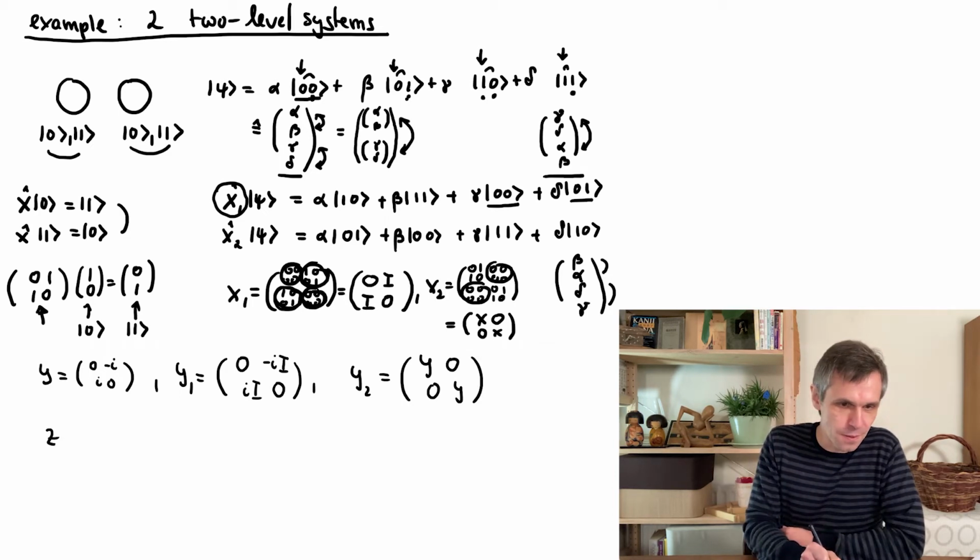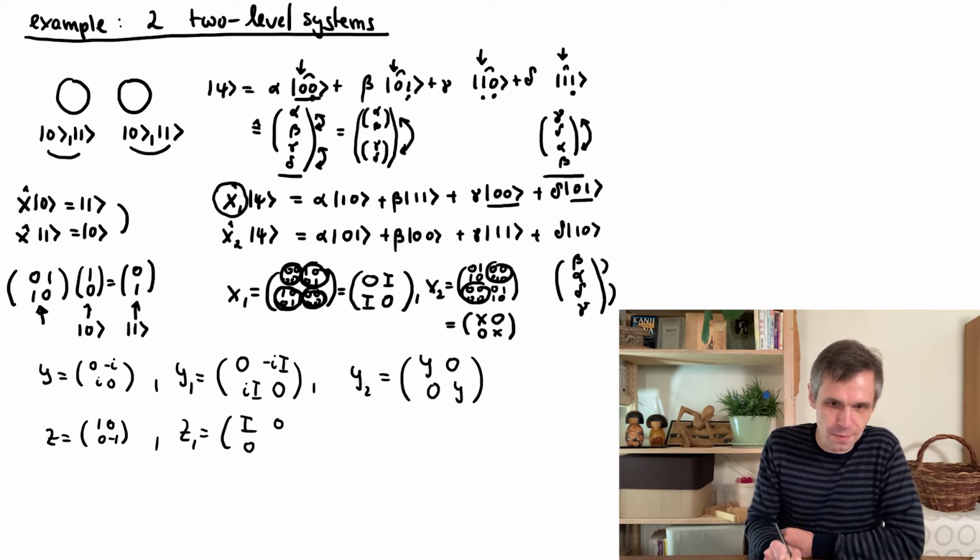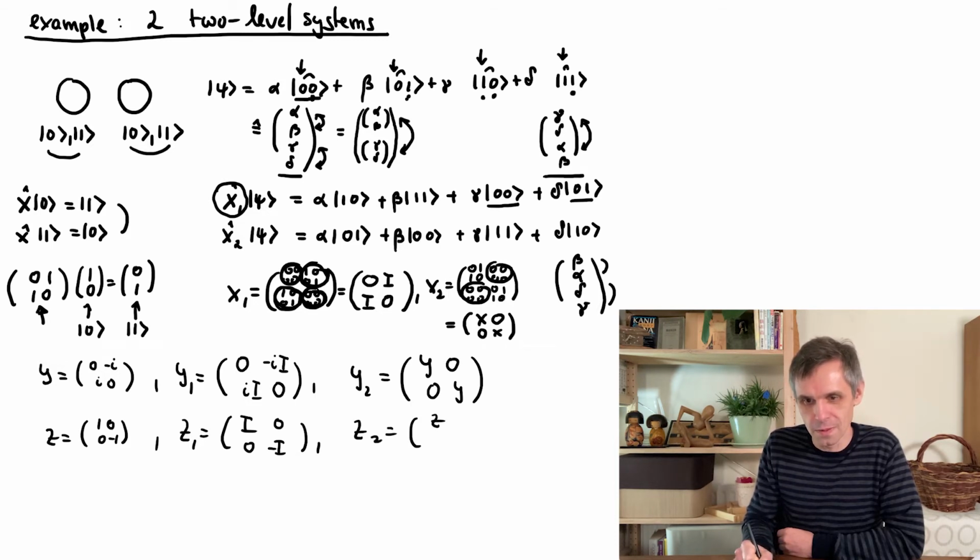And for the Pauli matrix Z, we start from this definition here, and then acting on the first part of our quantum system, we simply obtain this form here, and acting on the second part of the quantum system, we obtain this form.